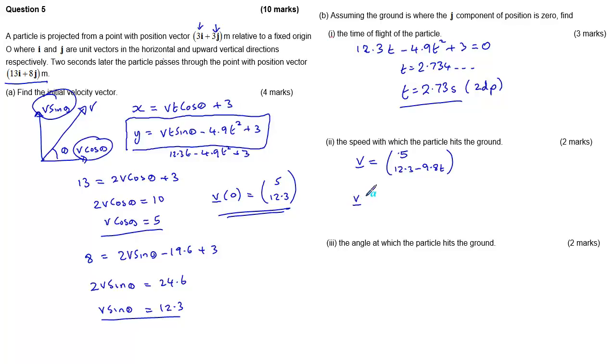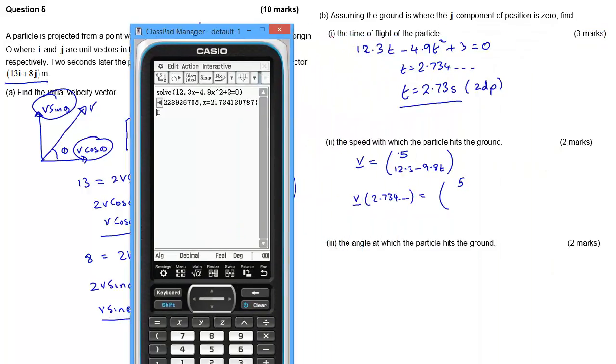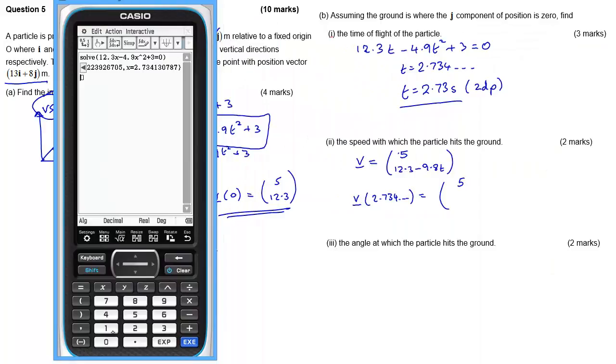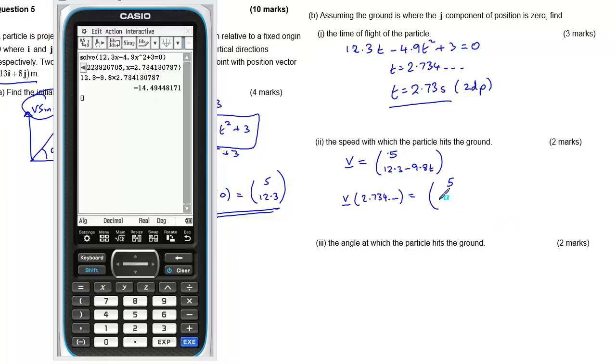So we want v of 2.734 and so on. Well, obviously this component won't change, and so we want 12.3 take away 9.8 multiplied by this number just over here, and that gives us negative 14.49 and so on.